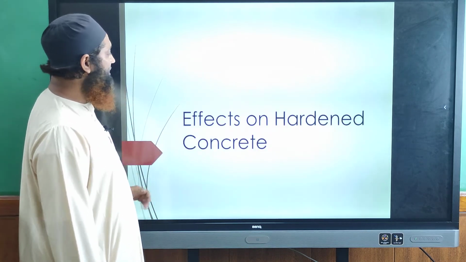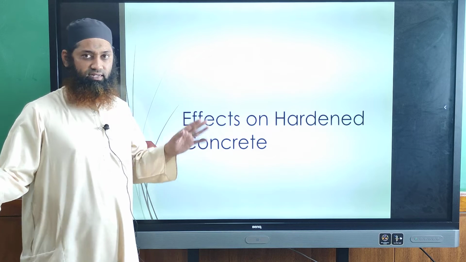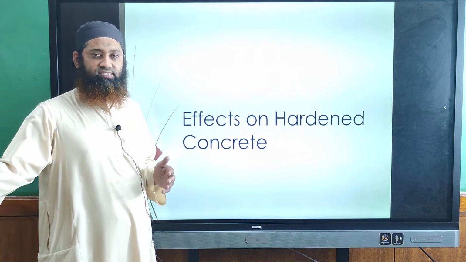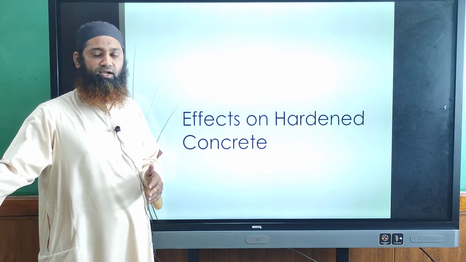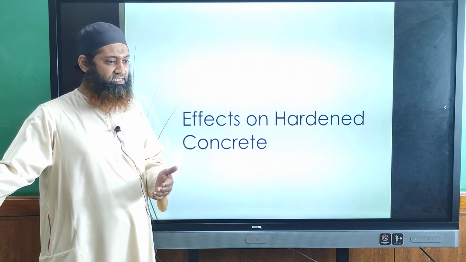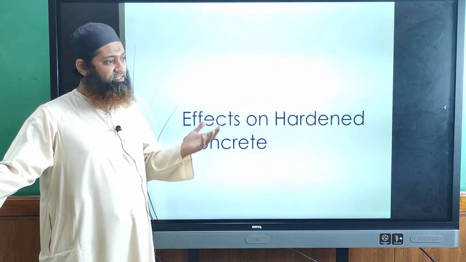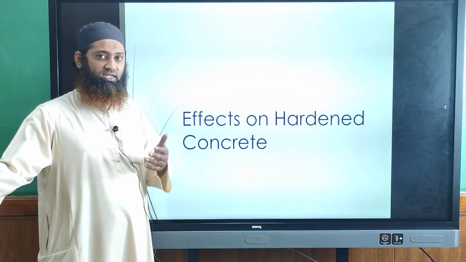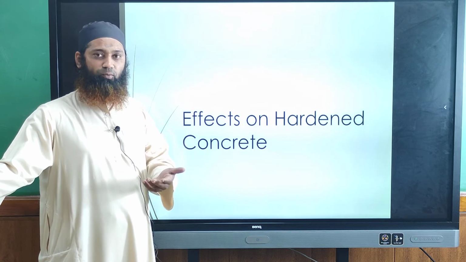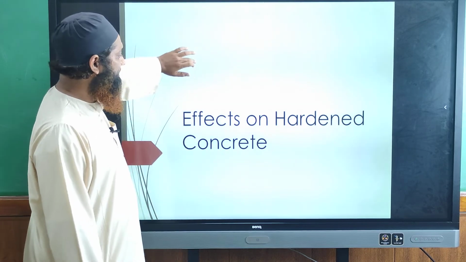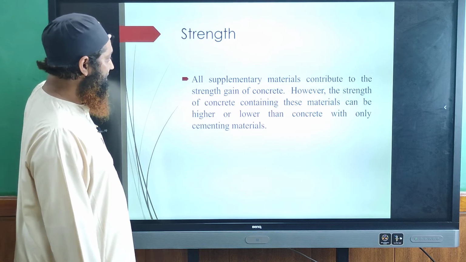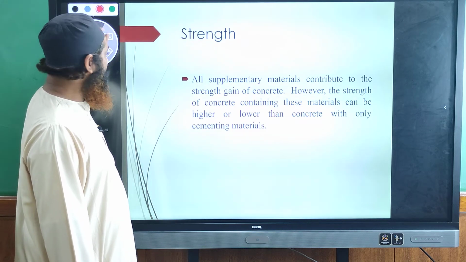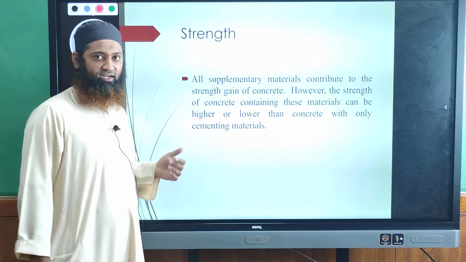Let us see what about the effects on hardened concrete. Till here we had seen how these different supplementary cementing materials perform when mixed in fresh concrete. Let us see, after this concrete has been hardened, what strength and different properties are achieved. Strength is the main parameter which we have to check here.